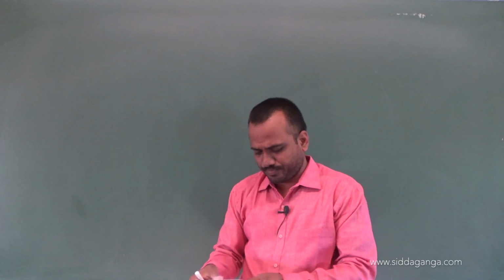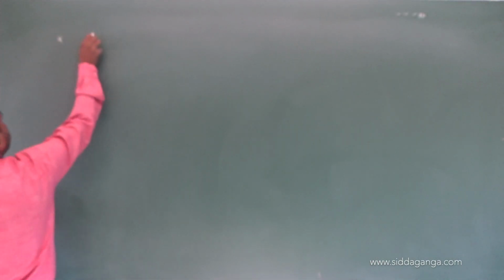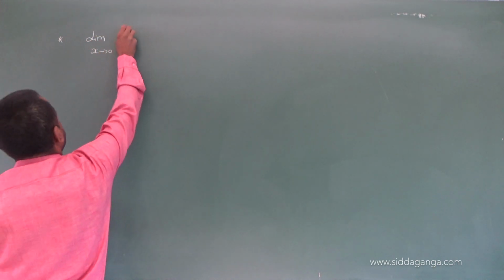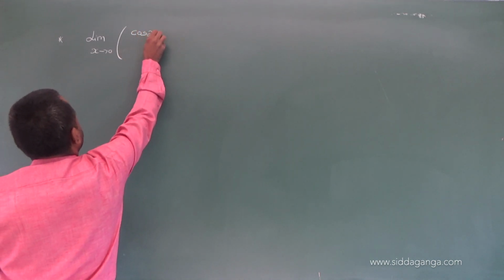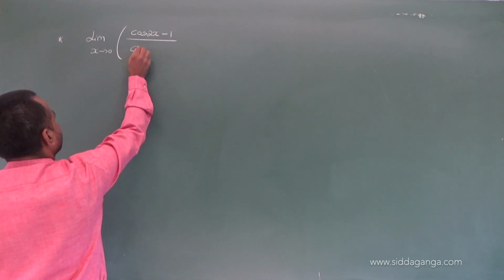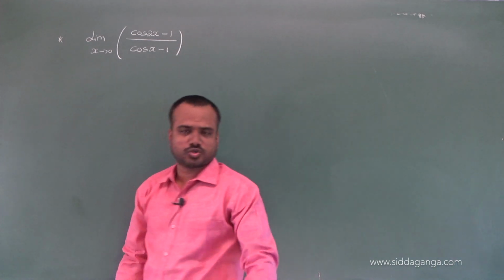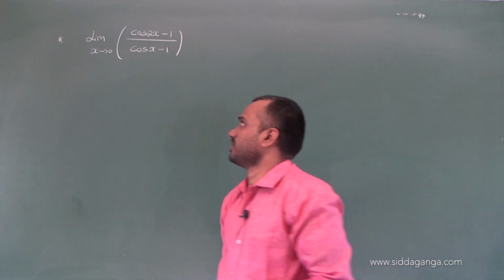Next problem: limit x tends to 0, (cos 2x minus 1) divided by (cos x minus 1).